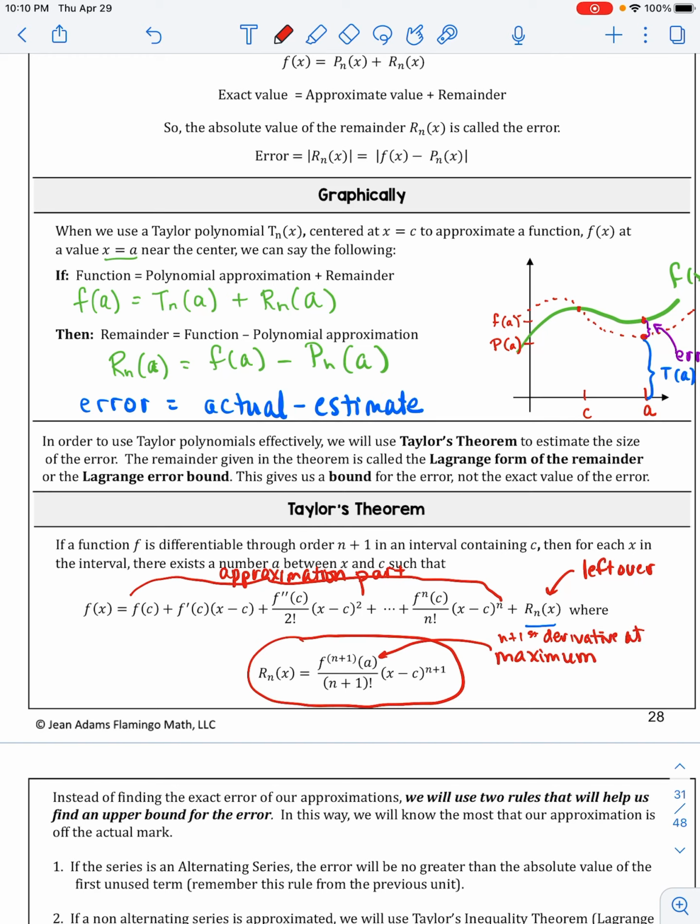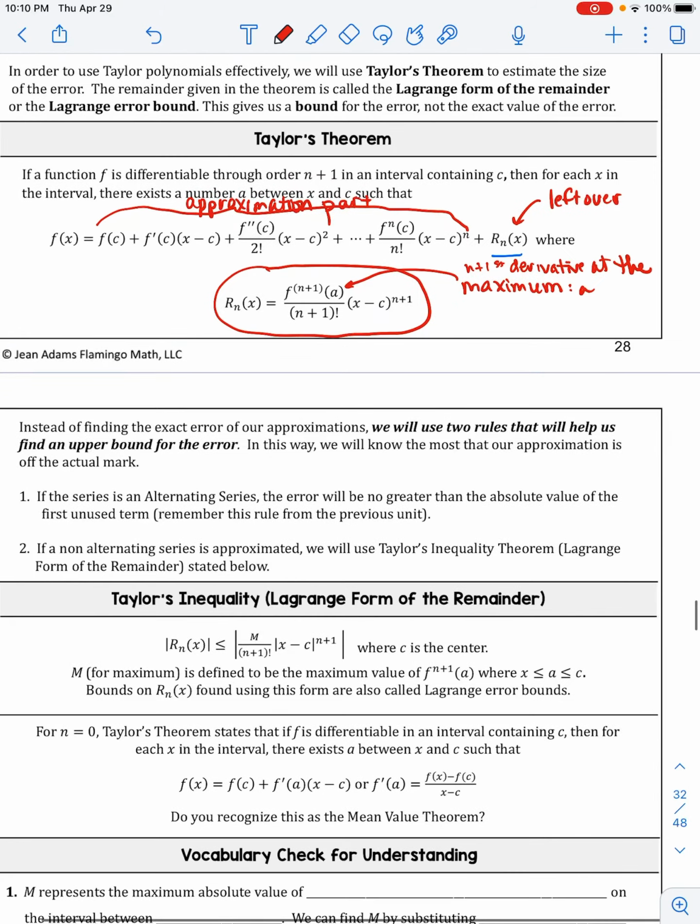So this is the n plus first derivative at the maximum. And we're going to call that whole thing capital M at our next page here.